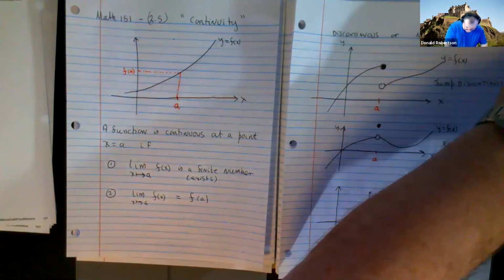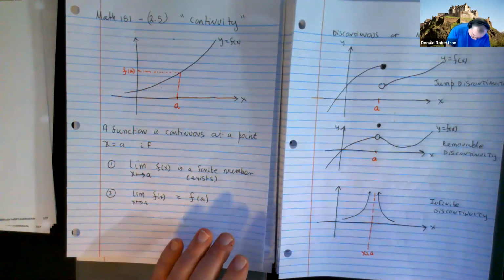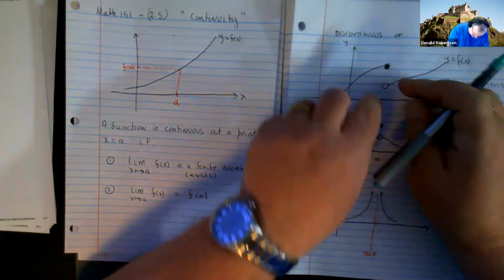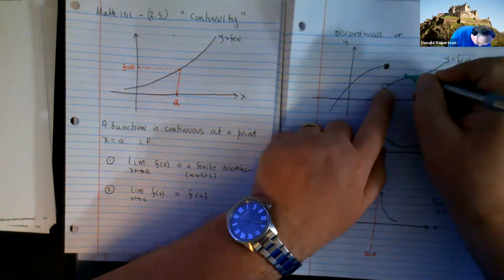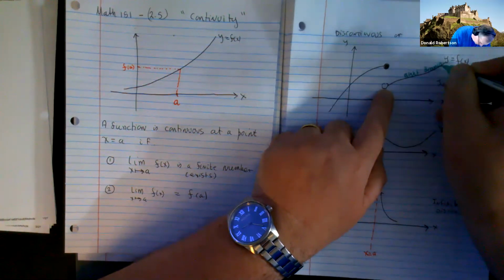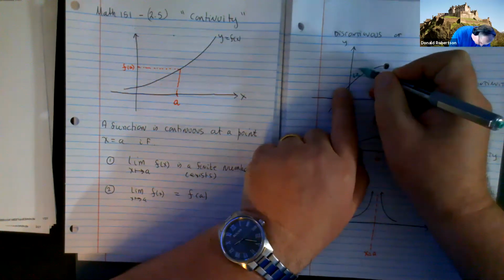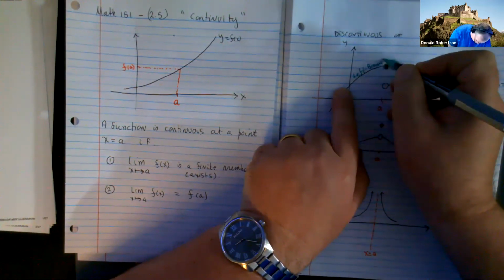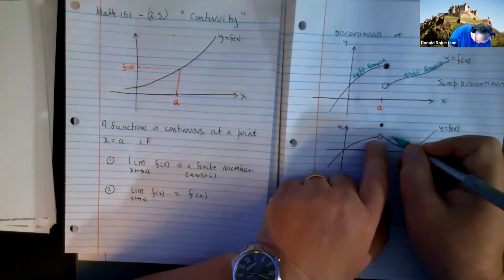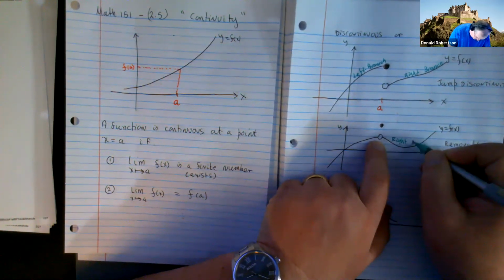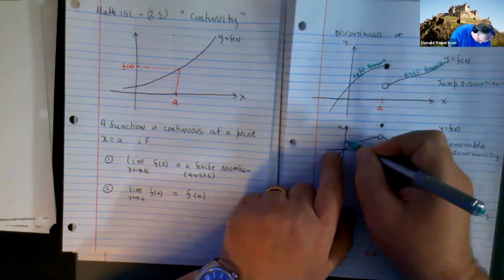Now I'm going to add to this diagram some terms that sometimes are helpful. When you have a function that's kind of split into 2 like this, this side here is called the right branch, and this side here is called the left branch. In this case, there's a little hole, so this is the right branch, and this side here is the left branch.